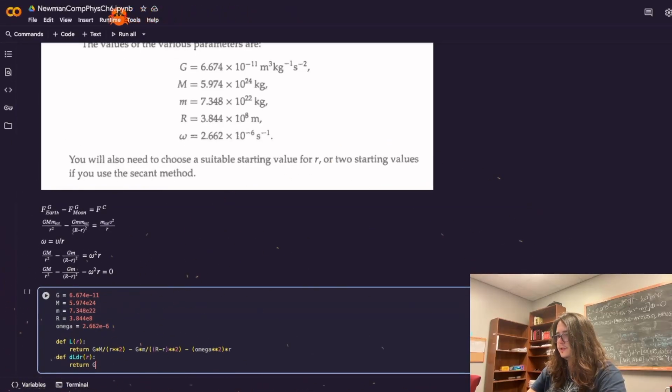So it's going to be G, or actually, now it's minus G, and actually minus 2 times G times M over r to the third, minus 2 times G times little m over, in parentheses again, R minus r cubed, just a little bit of a chain rule followed up by quotient rule sort of thing.